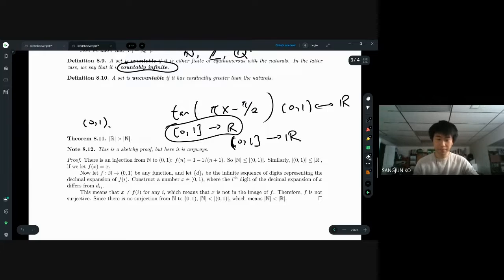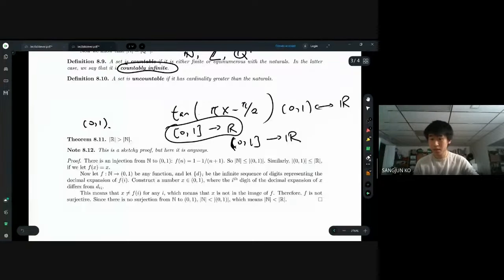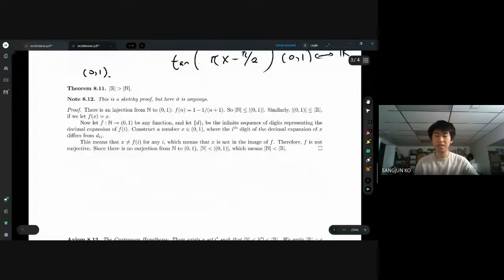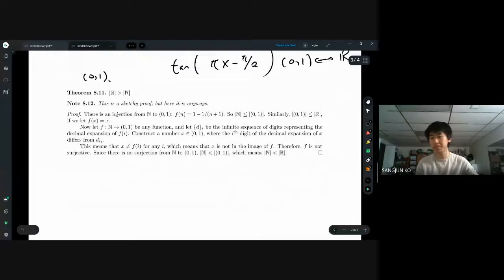All right, but maybe that's a little too much for now. So let's move on to the actual proof. We're going to just work with the open interval (0, 1) and N. And there's a natural injection. Well, it's not very natural. You don't even need to go to (0, 1).